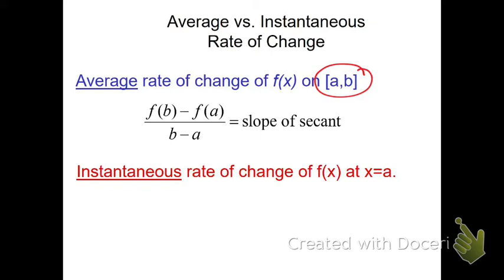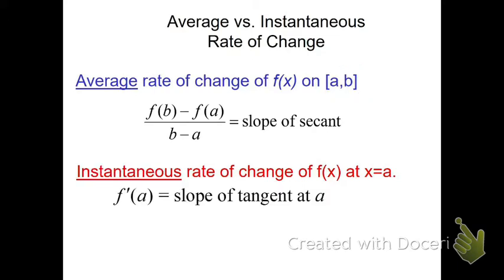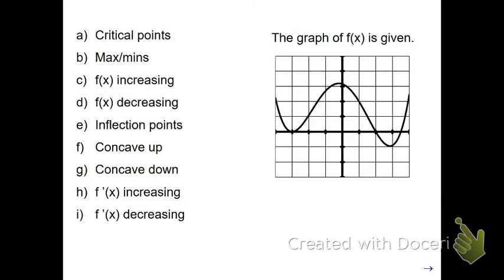Instantaneous rate of change, or honestly, even if they don't say the word instantaneous, if they just say rate of change, or rate for crying out loud, that means actual derivative. So we have average rate of change, which is your algebra 1 formula for slope, and instantaneous rate of change. Slope of secant versus slope of tangent. All right, that's all the stuff you're supposed to already know, but that's the stuff that will be applied in interpreting graphs. All right, here we go.